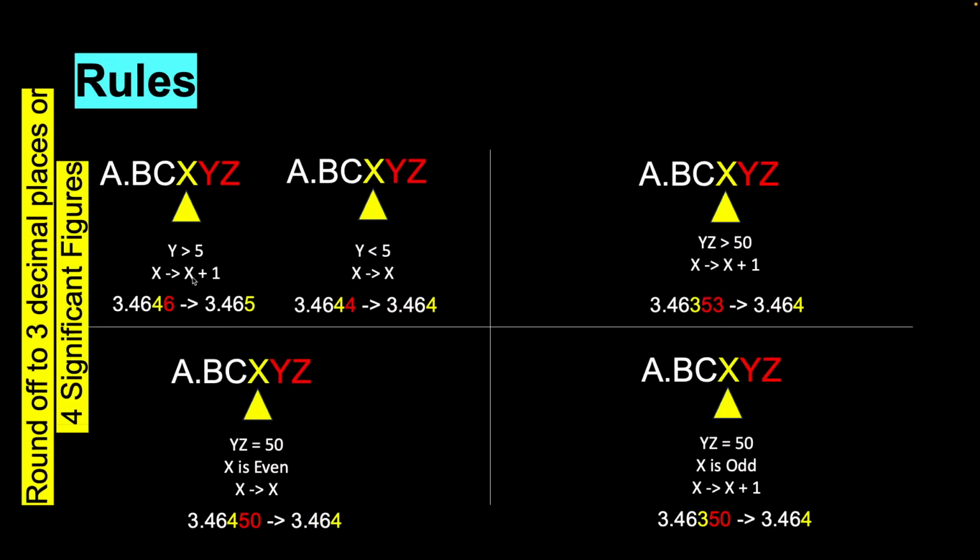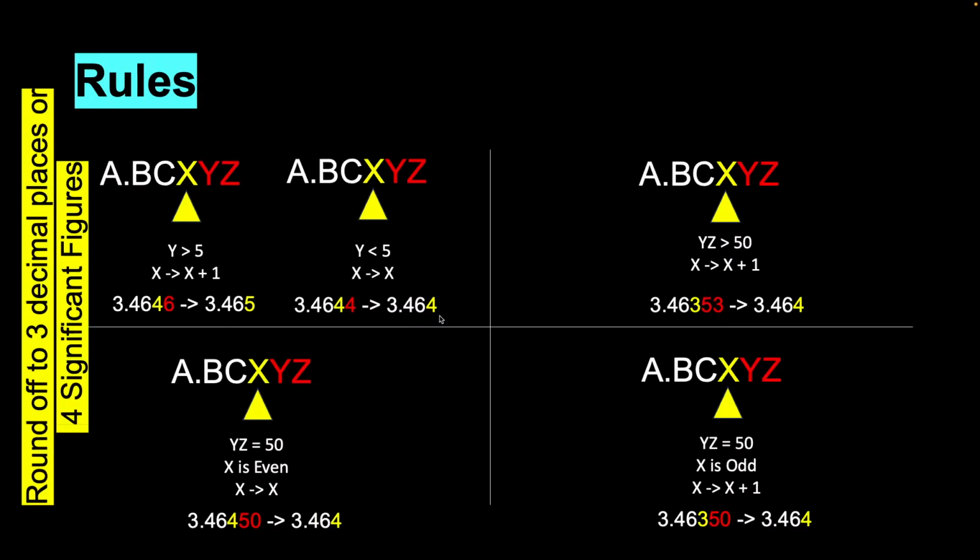So we increase the cutoff digit by 1, that is 4 turns to 5, and 3.4646 turns to 3.465. Similarly, the next rule says that if the number on the immediate right of the cutoff digit is less than 5, then the cutoff digit is left as it is and the numbers after the cutoff digit are eliminated. For example, 3.4644 turns to 3.464.